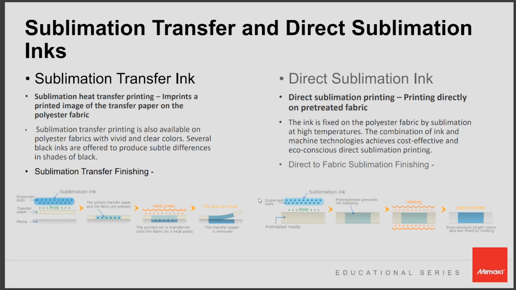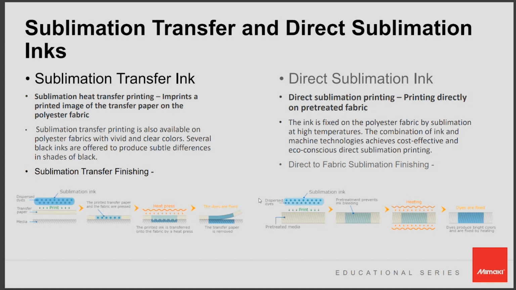Then there are sublimation and direct sublimation inks. We have transfer paper sublimation as well as printing directly to a fabric and then sublimating it that way. With the transfer, the ink goes onto the paper, and you use a heat press to transfer the ink from the paper to the fabric or whatever the final surface is.